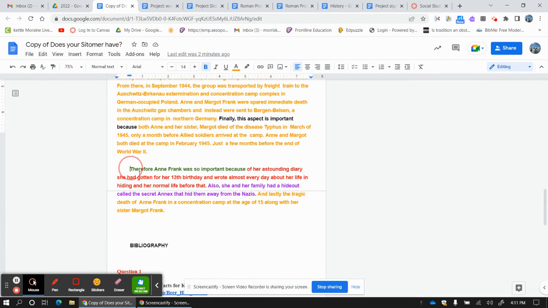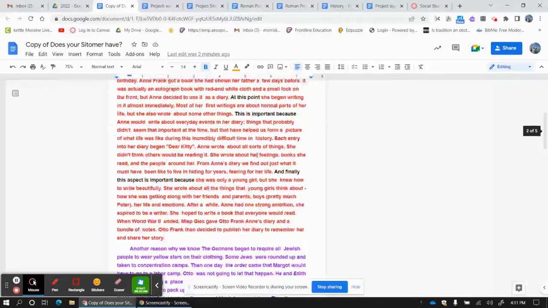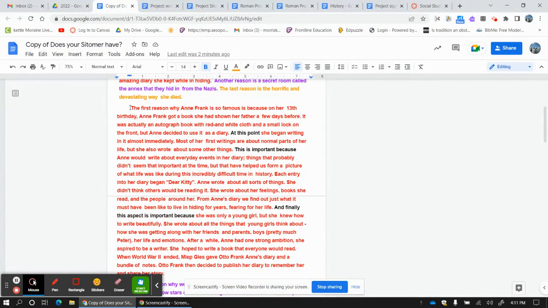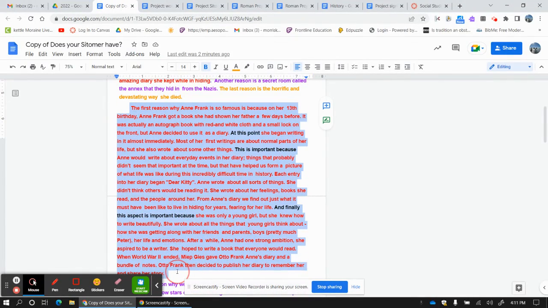And then our conclusion. Notice how the conclusion begins with "Therefore, Anne Frank was so important because" as the beginning of her conclusion. Then each one of my body paragraphs is summarized in a sentence. All of this up here, see all of this red that I wrote, Kurt Morris wrote?